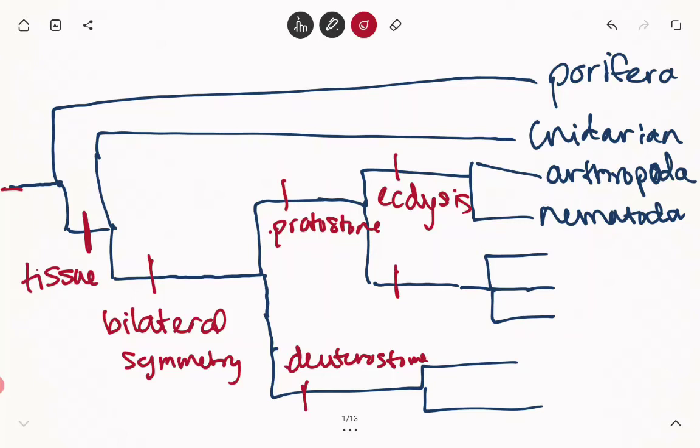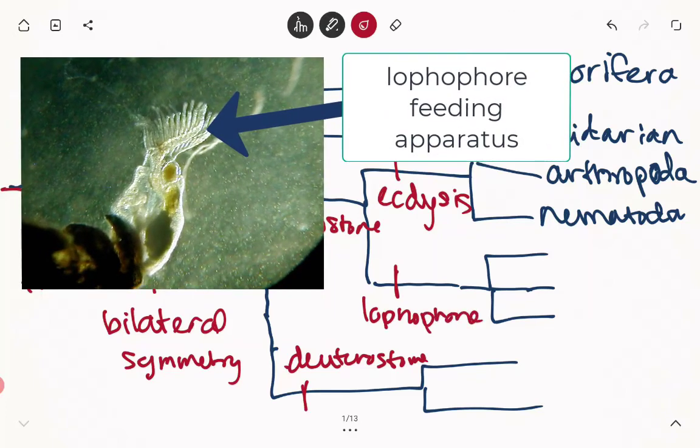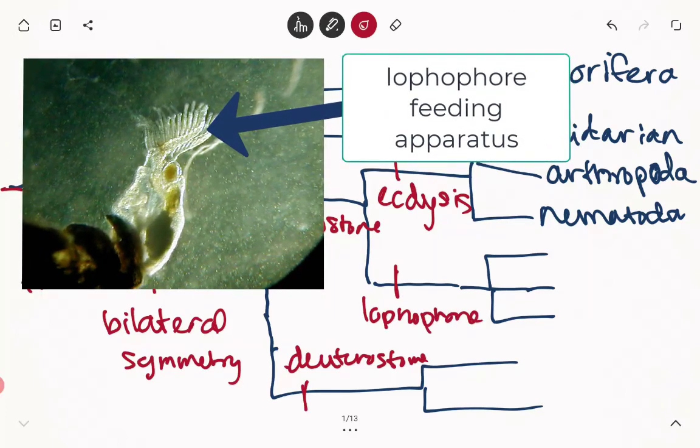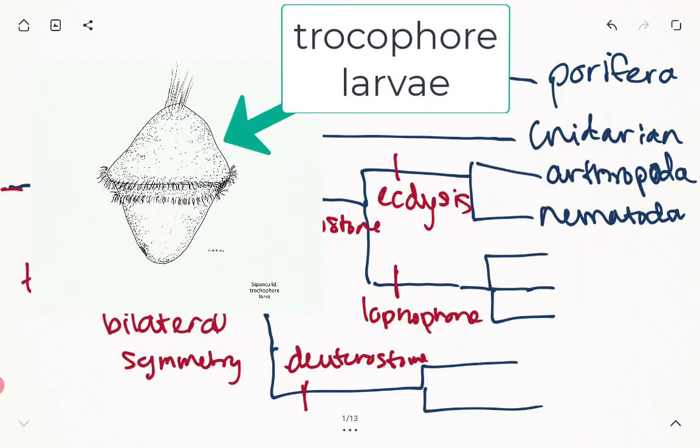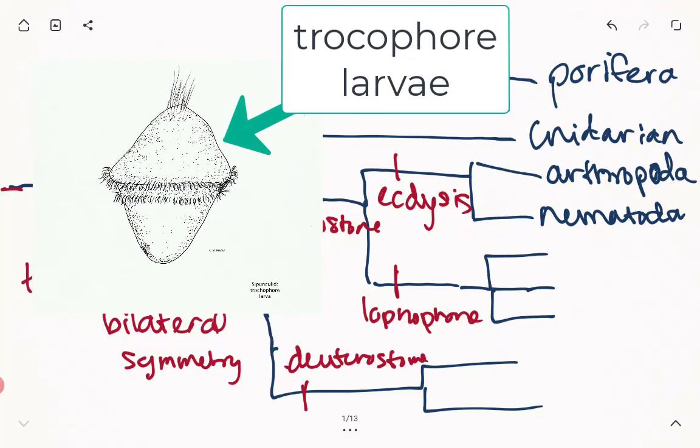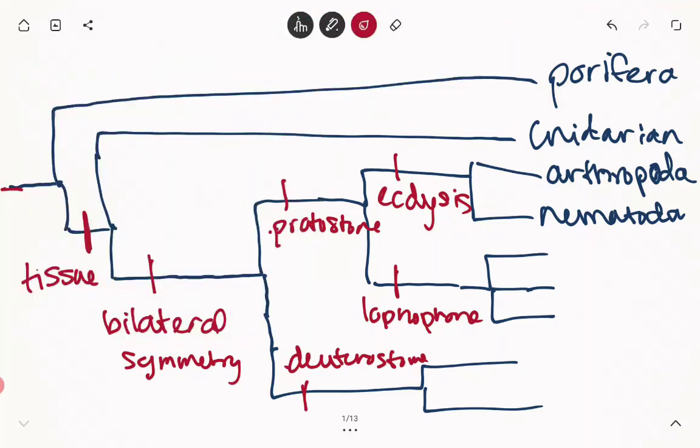This group down here shares the quality of having lophophore feeding structures. Another trait that they share in common is they could potentially have trochophore larvae shape. Okay, and so those organisms, there are more than the phyla that we have here, but we're going to put the annelids here.